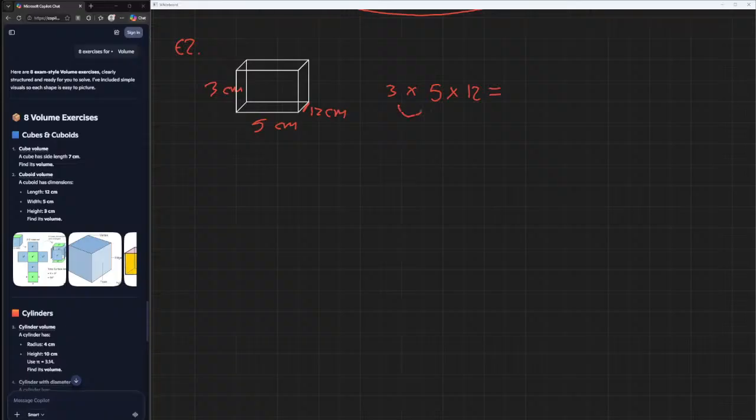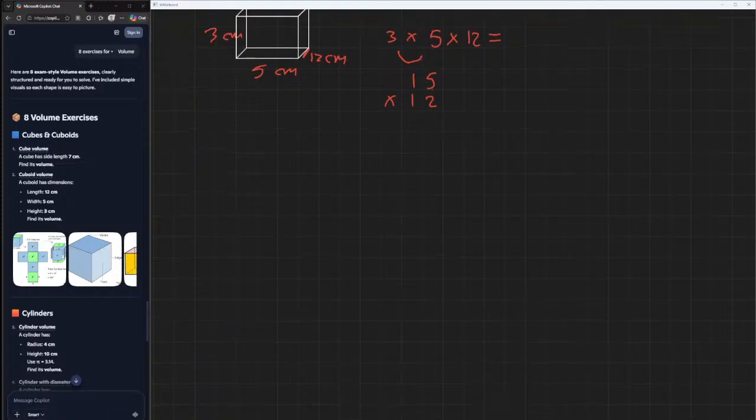I will do these two first. 3 times 5 is 15. Then times 12. 15 times 12. Five times 2 is 10. 2 and 1, 3.